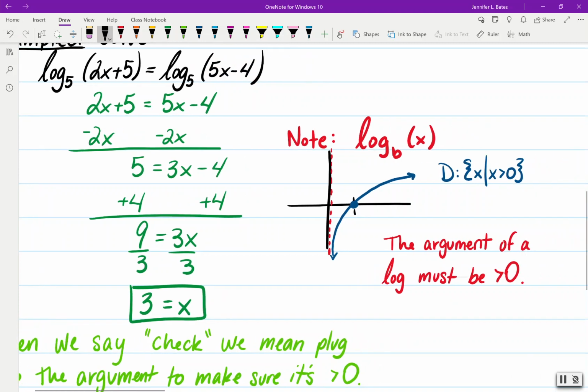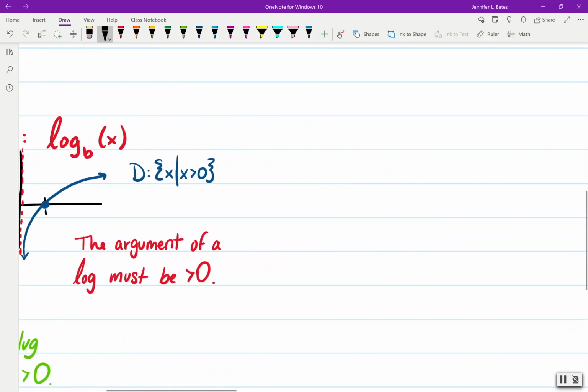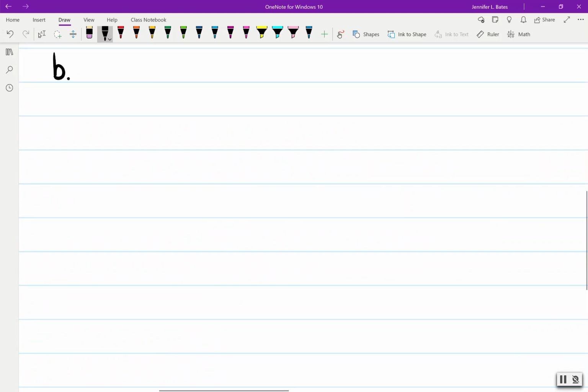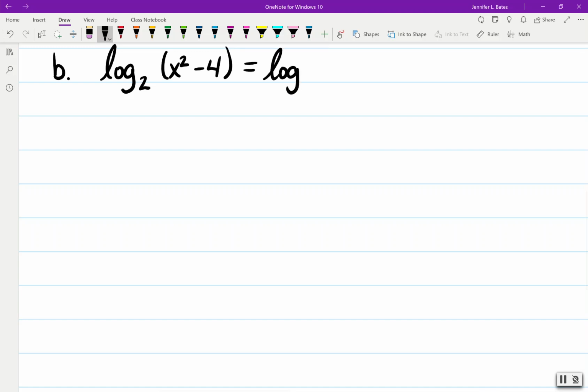Okay, let's do another example. We'll call this example B. In example B, we're given log base 2 of x squared minus 4 is equal to log base 2 of 3x.